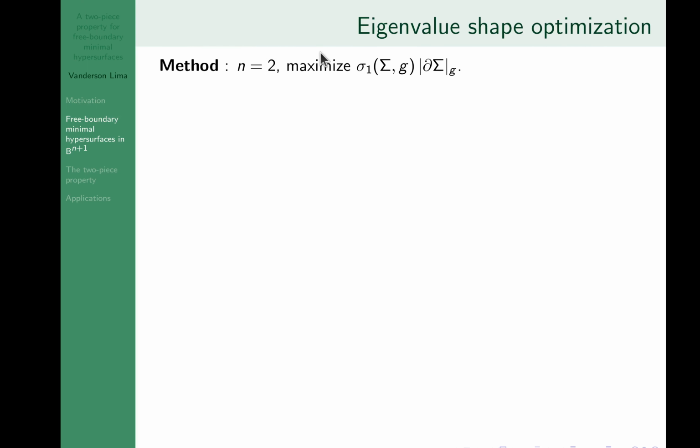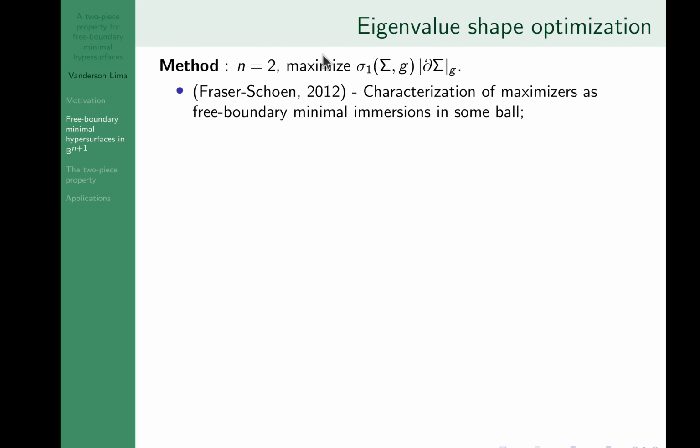So the idea is to maximize that. It is a classical result that this is actually bounded above just in terms of the topology of sigma. So Fraser and Schoen obtain a characterization of the maximizers of this problem as free boundary minimal immersions in some balls.